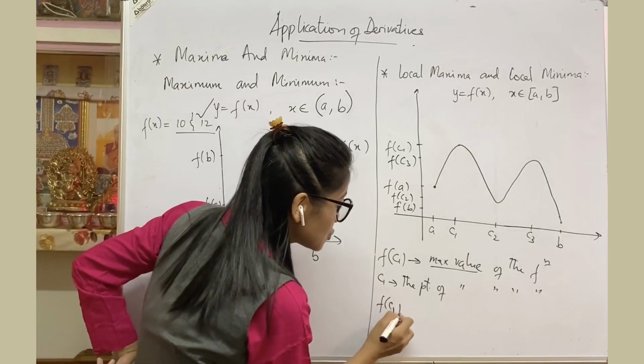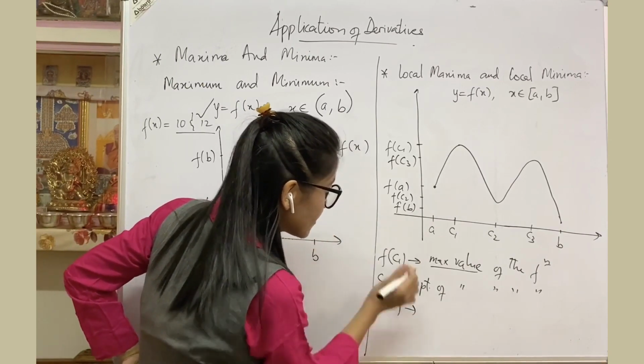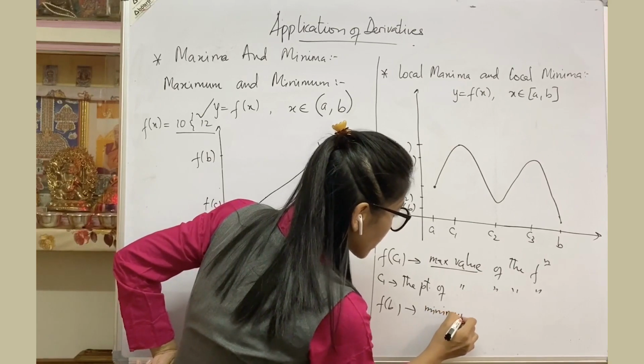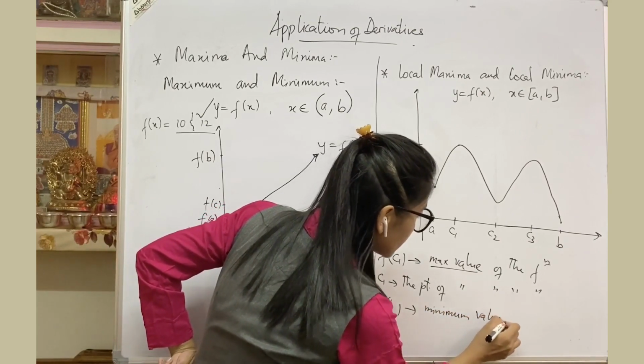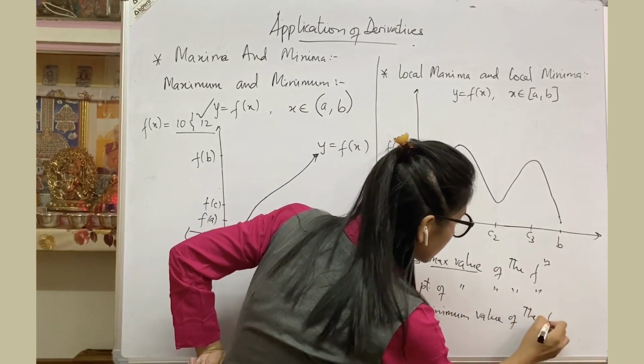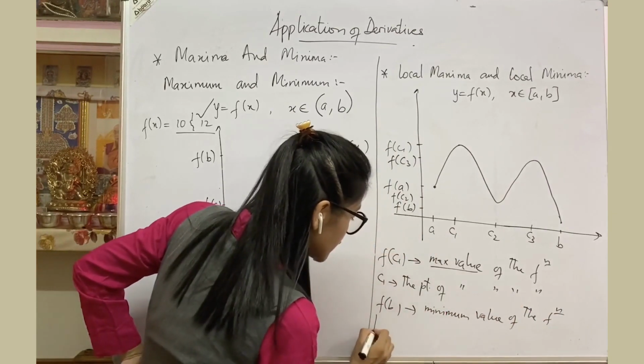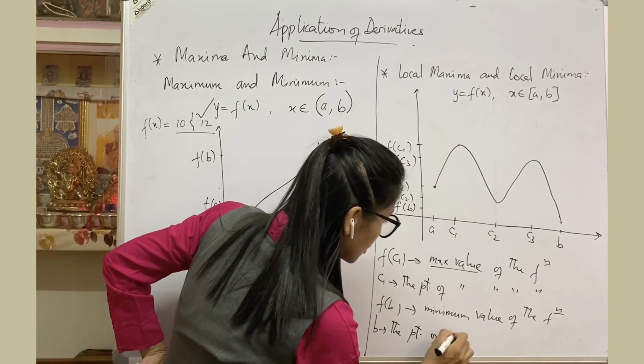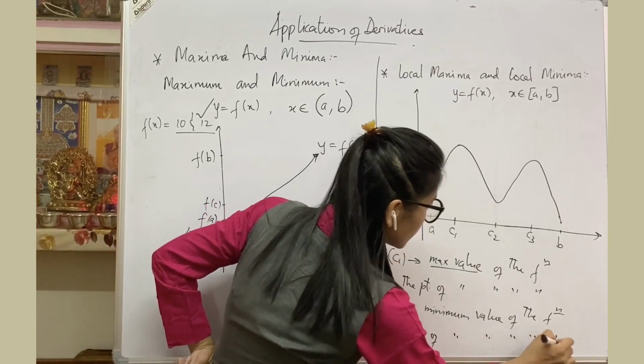And f of b is the minimum value of the function, and b is the point of minimum value of the function, right?